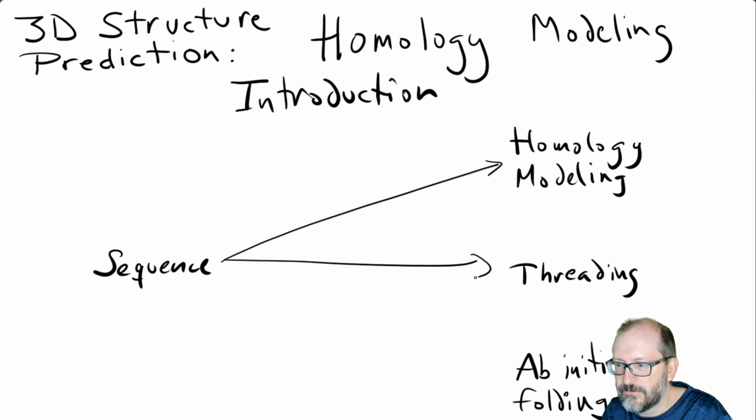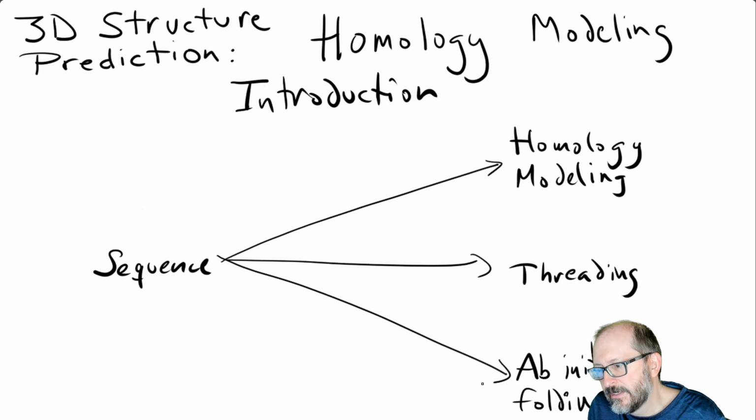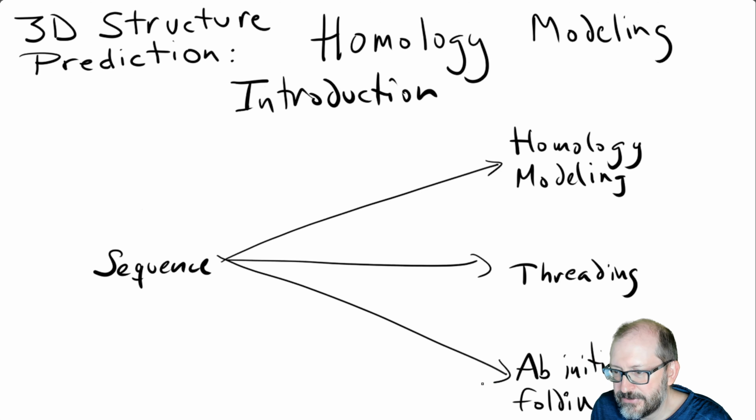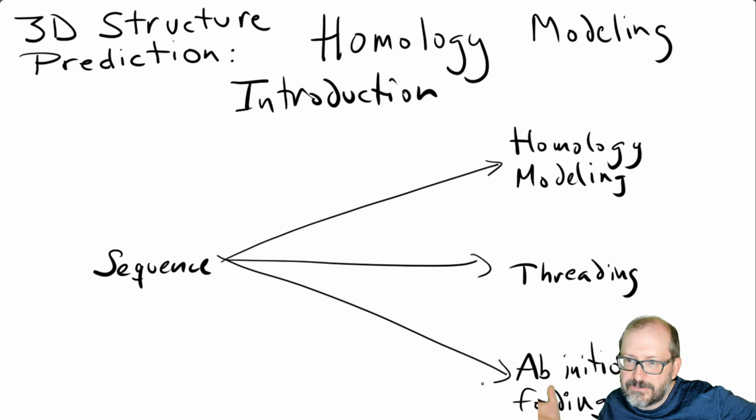And for that, we need a fold identification method or threading. Then, if you don't have either of those, then you could try ab initio folding, basically dropping it into a molecular dynamics package and integrating equations of motion until it converges. The problem is that this is extremely expensive and only works for very small proteins.